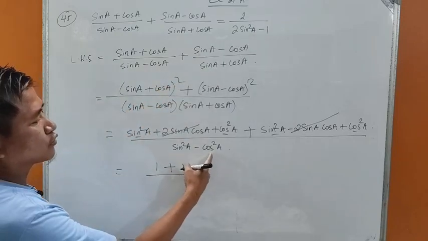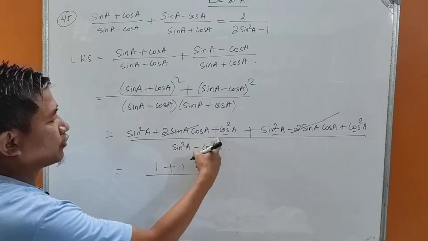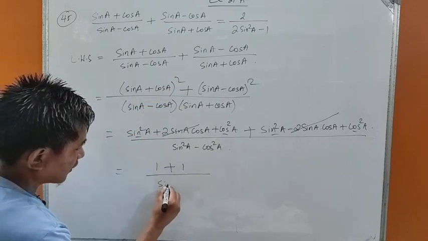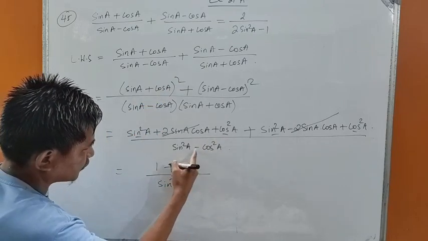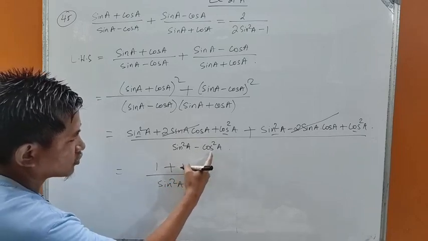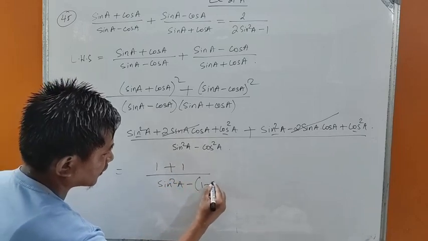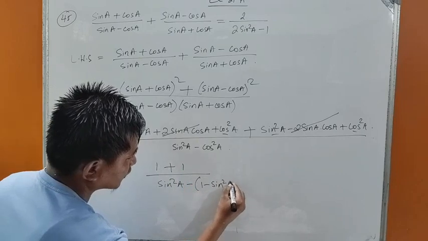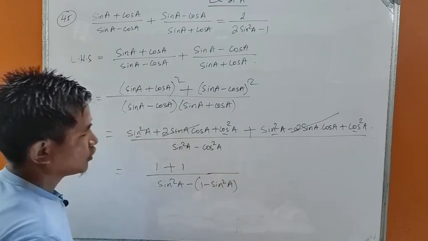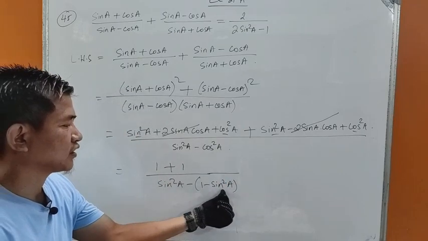So this cos square A should be converted into sin square A form. So sin square A we write as it is, this minus comes here. Cos square A means 1 minus sin square A, because sin square A plus cos square A is 1.